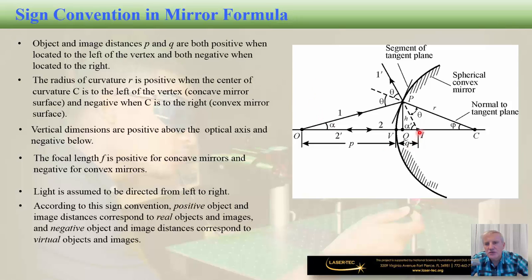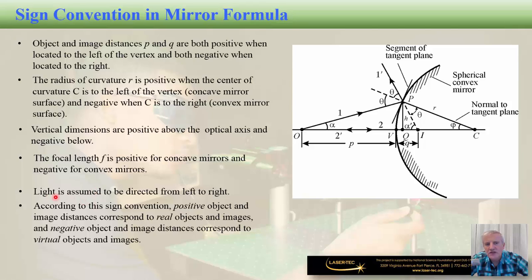And if the mirror image appears, for example, below the optical axis, then that vertical dimension is going to be taken with a negative sign. The focal length follows the same rule as the radius of curvature. So if the radius of curvature is positive, then the focal length is also taken positive. And if the radius of curvature is negative, then the focal length is also taken as negative.